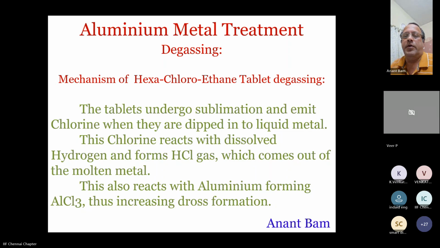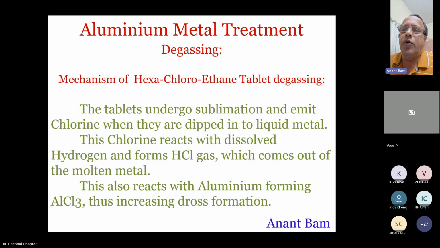When this tablet is immersed in liquid metal, due to high temperature, it sublimates. And what is sublimation? Solid transfers to gas directly without stepping into liquid stage, or if liquid stage is there, it is for a very, very short time.